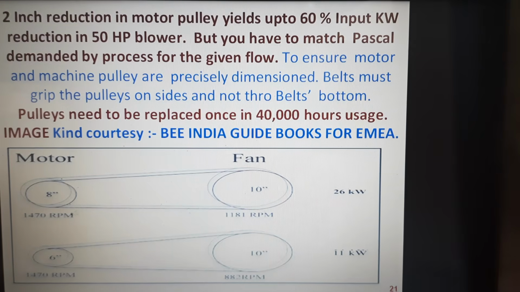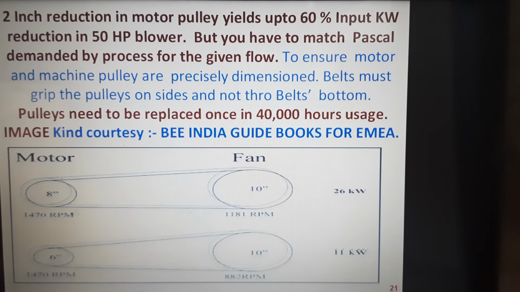You can see this is a 50 HP blower. The motor was running with an 8-inch pulley, and it was changed to 6-inch because the process needed only optimum pascals, less pascals and less flow. Automatically from 26 kilowatt it dropped down to 11 kilowatt.